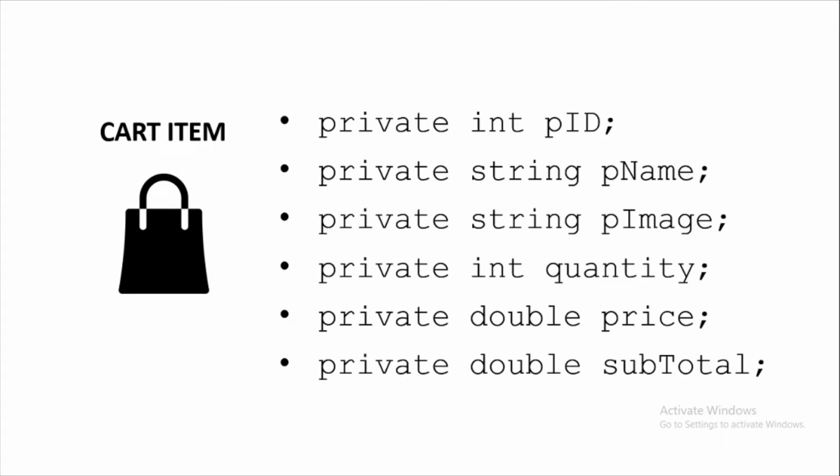A user can add 2-3 quantities, so the quantity gets multiplied with the price to calculate the subtotal. We don't have the grand total here, because after placing all the cart items in the cart, we'll calculate the grand total inside the cart object. In the cart item, we just multiply the quantity with the price, which is why we need one more variable called subtotal.